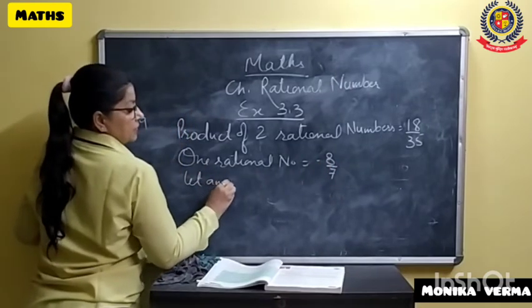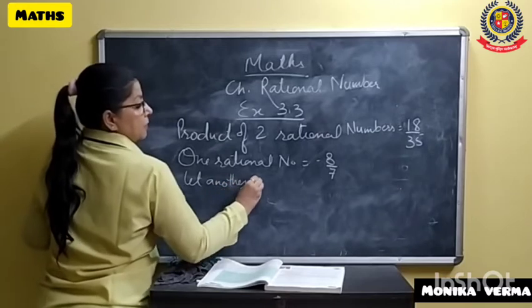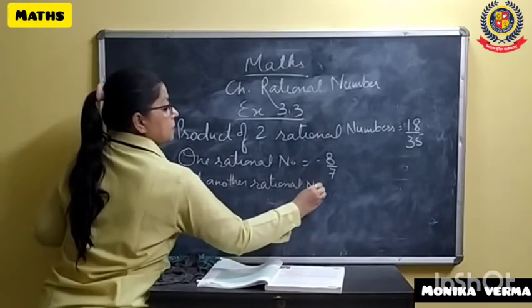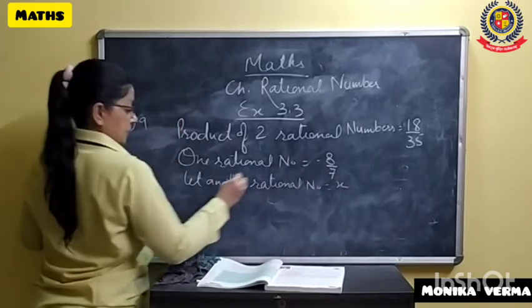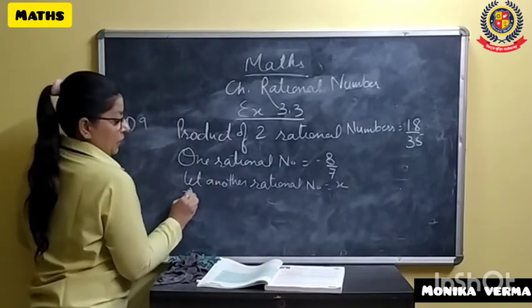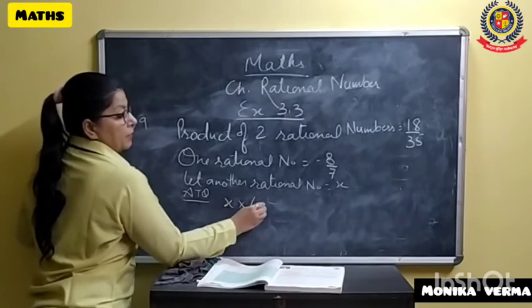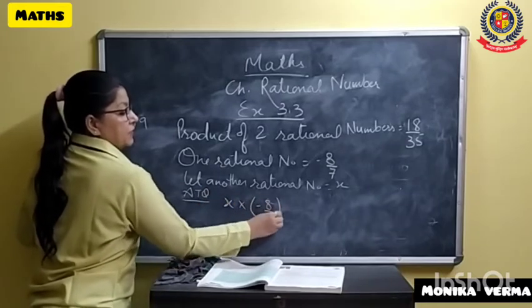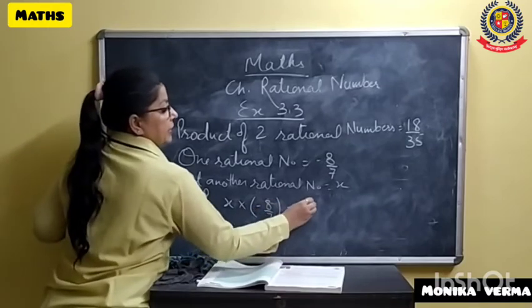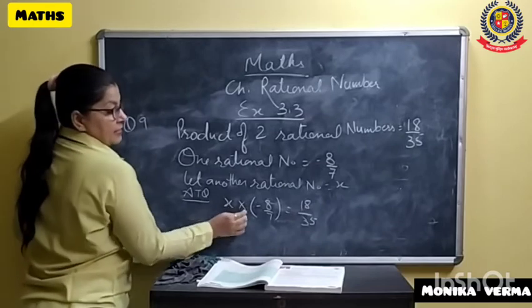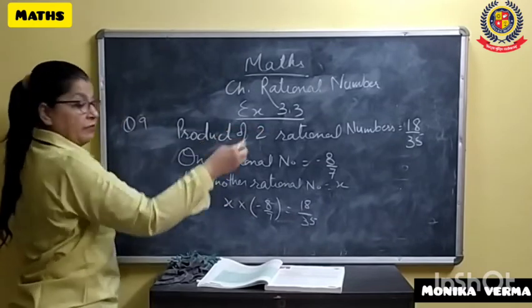Let another rational number be x. It means now according to the question, x multiplied by minus 8 by 7 is equal to 18 by 35. We have to find x. This is in multiplication, it will go there and it will divide.